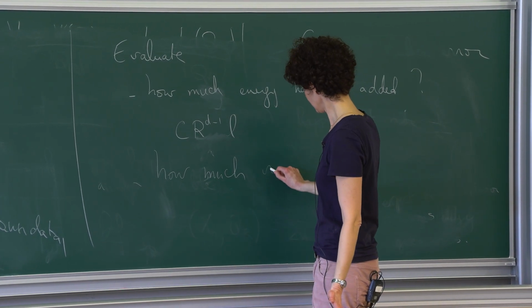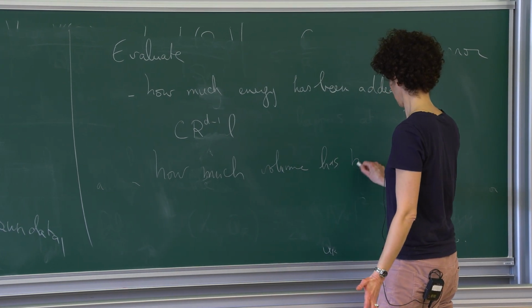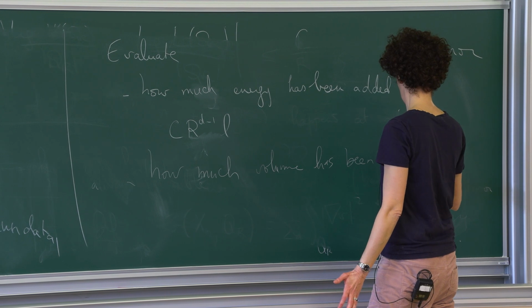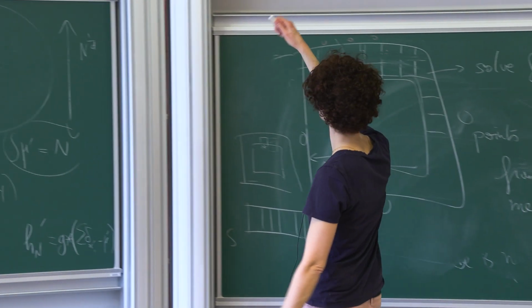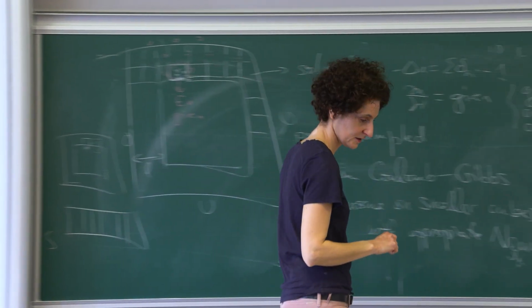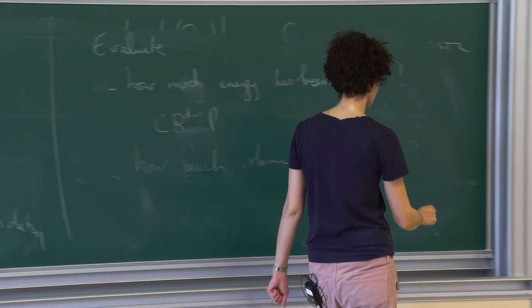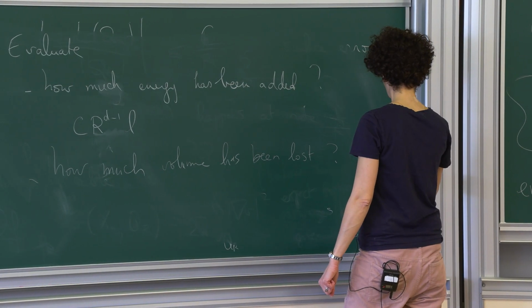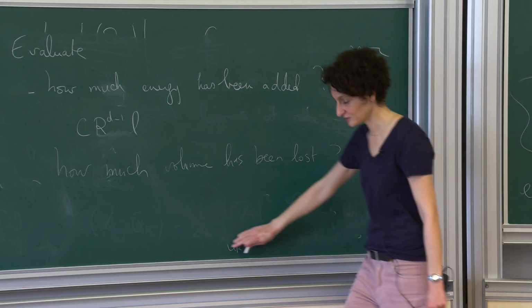And then you want also to know how much volume has been lost. I really mean volume in the sense of the Gibbs measure that integrates dx1, dx2. And that you can also compute. And I have it in my notes that it's of order R^(d-1) over L, although I don't remember completely why, but I trust my notes.